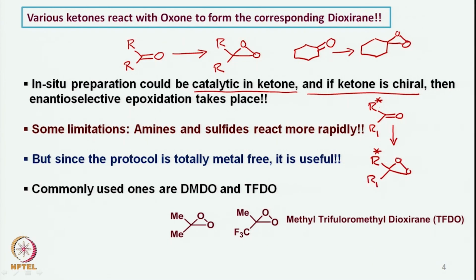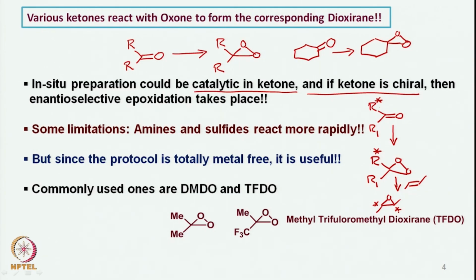So when this transfers the oxygen to the corresponding olefin, then one can expect that the epoxide that is going to form would be optically active. So you have two asymmetric centers here, and if these two groups are different, of course then you will have a chiral epoxide. I will show you the examples later on.